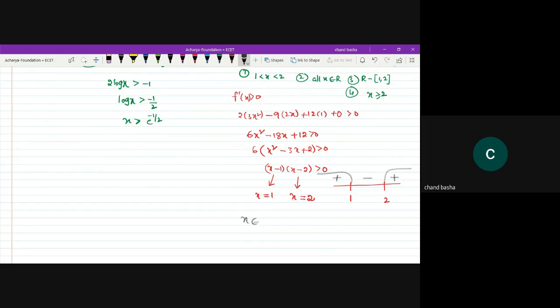That is, x belongs to minus infinity to 1 union 2 to infinity. That means 2 is not included, and 1 is also not included. So which option am I going to identify? Out of the given options, which option am I going to select?